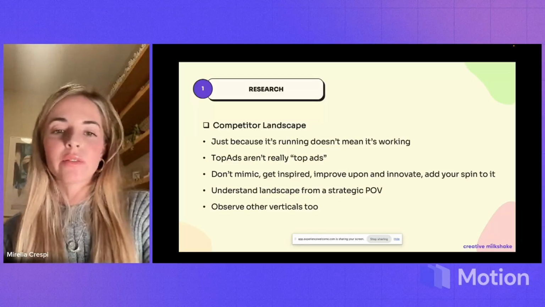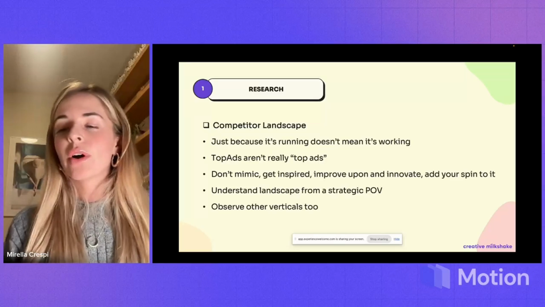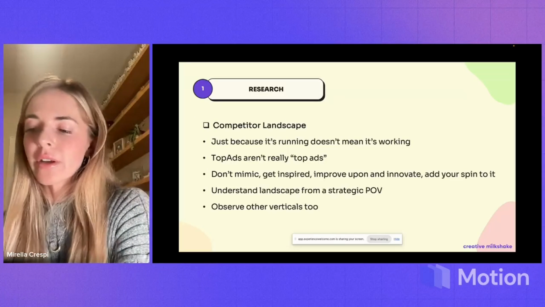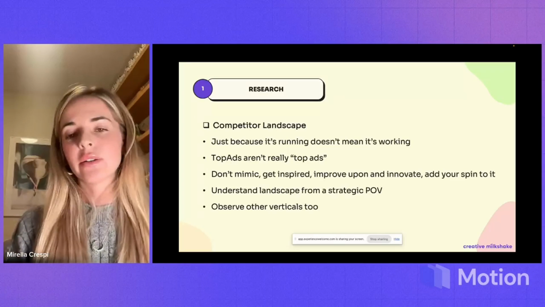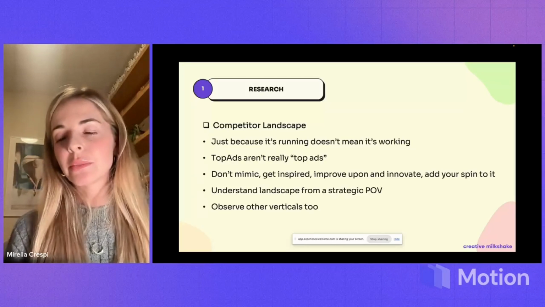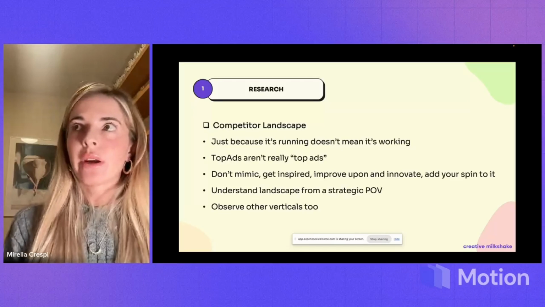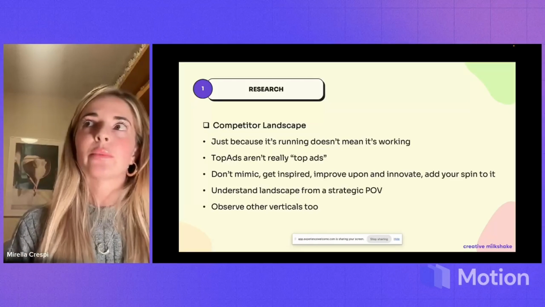And then observe other verticals too. I think a lot of the time we tend to just ask, what are other hair care brands advertising? What are other gaming brands advertising? But you can learn a lot from other verticals. So say, for example, you are selling shapewear or underwear that helps women feel more confident.